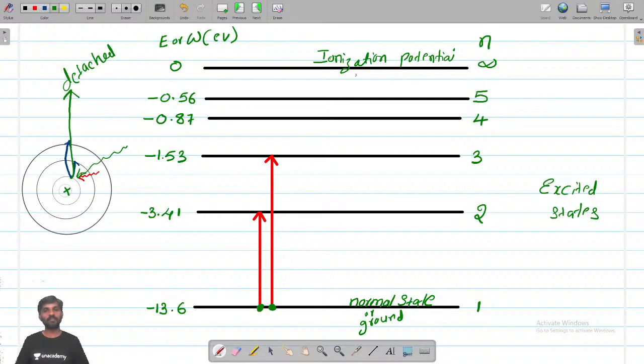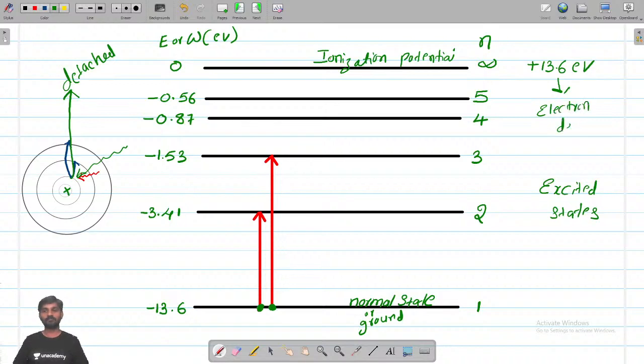For ionization, you need plus 13.6 electron volts of energy for the electron to detach.